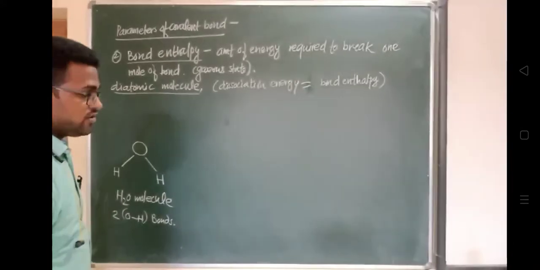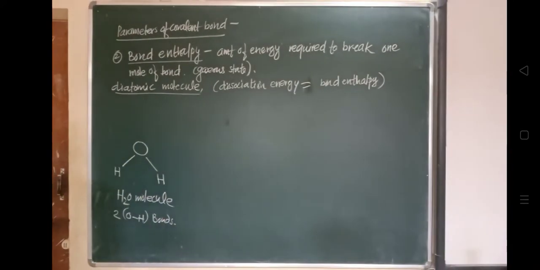If you see bond enthalpy, its unit is kilojoule per mole. It is represented in terms of kilojoule per mole.